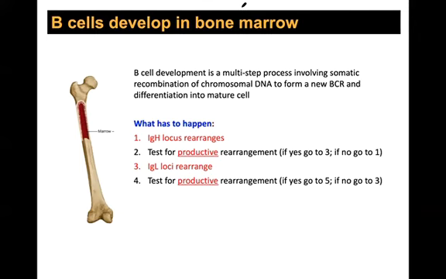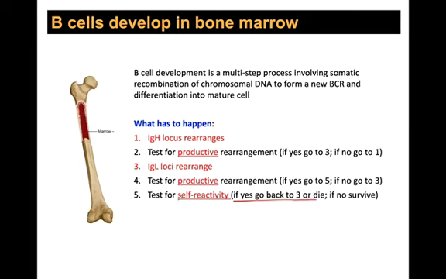Okay, so again, you test whether or not you got rearrangement. And then the last step is, okay, if you did get a productive heavy chain and a productive light chain rearrangement, then you got to make sure self-reactive B cells get deleted. Now, at all of these steps, if you look back, if you don't pass the test, you either get to go back one step or die.